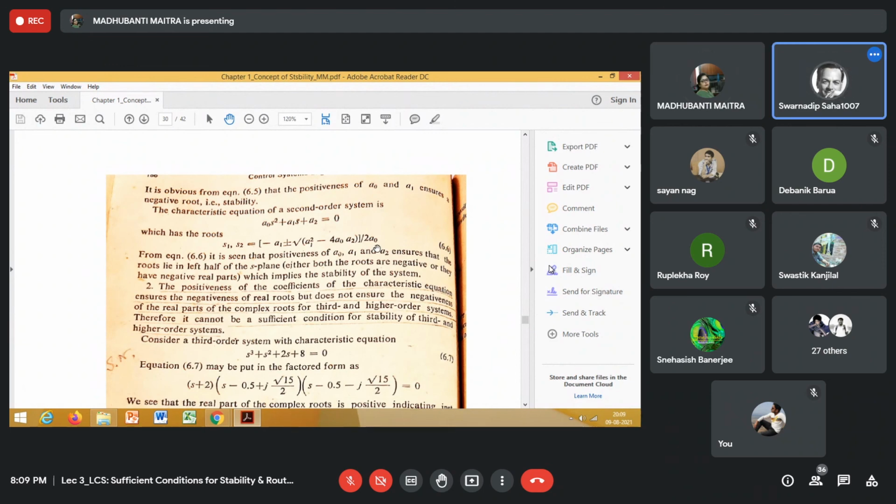So you see, if A0, A1 and A2 have the same signs, let's assume A0 is greater than 0, and A0, A1, A2 all of them are positive as dictated by the necessary conditions, then you'll find that both the roots will occur in the left half of the S plane.